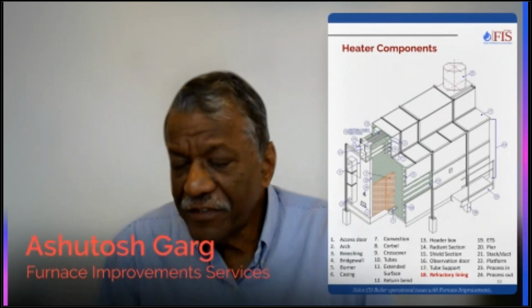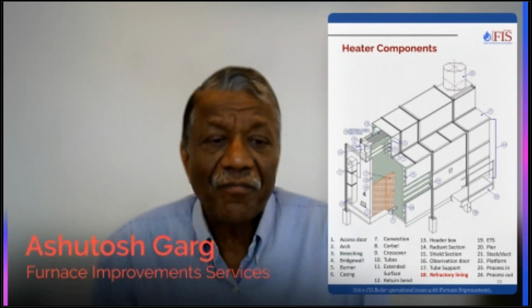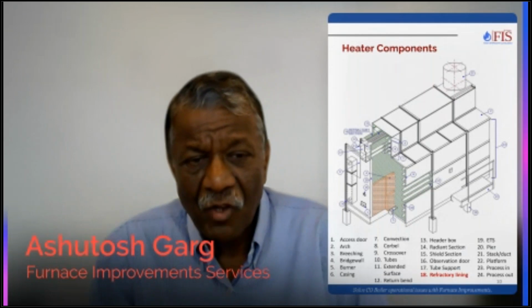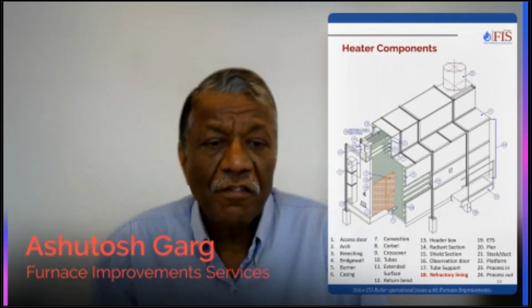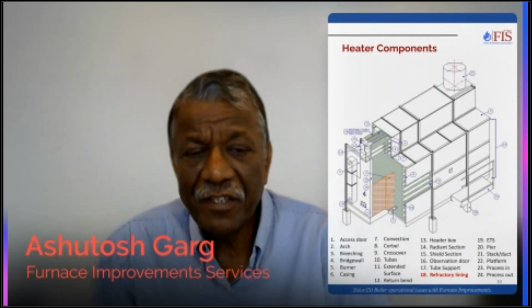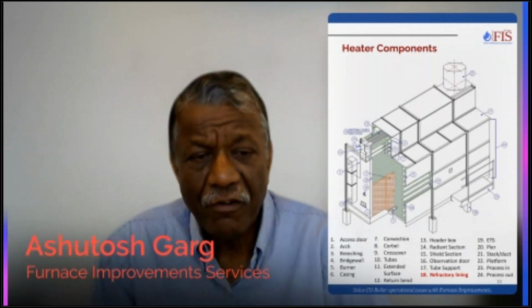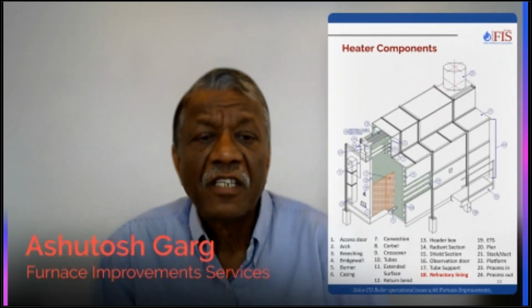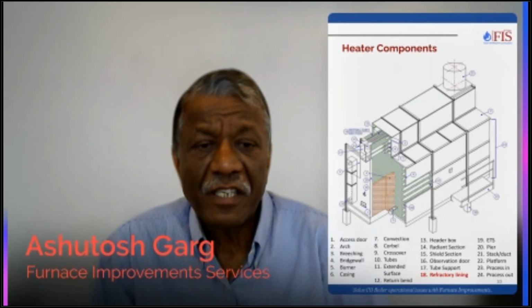So let's start. This sketch from API 560 gives you a cross section of the fired heater, and it has refractory side walls, which have refractory lining. Then we have the arch, which has a refractory lining. Then we have convection side walls, which also have refractory lining.